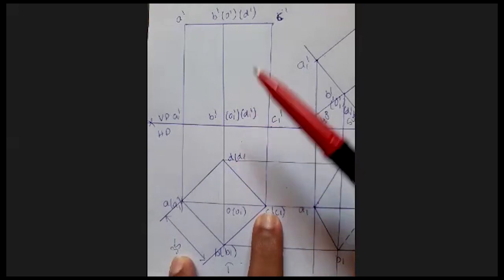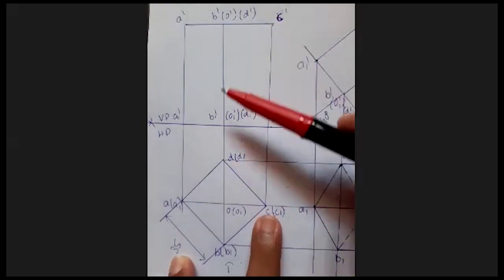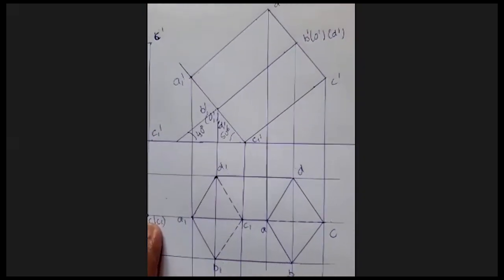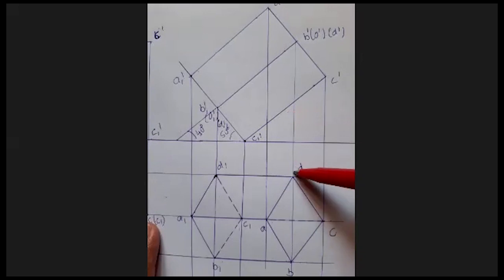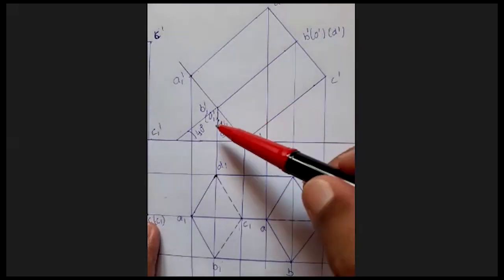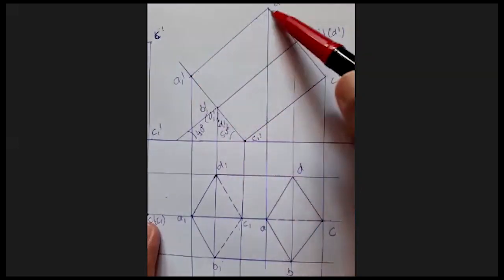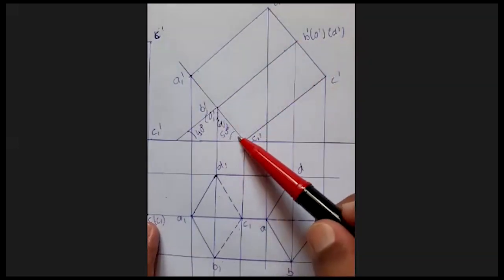The same has been increased with the axis length of 60 mm, and it is making an axis inclination of 40 degrees with respect to HP. So I have converted the axis inclination to base inclination. Then I have drawn this rectangle, knowing the dimensions in the case.